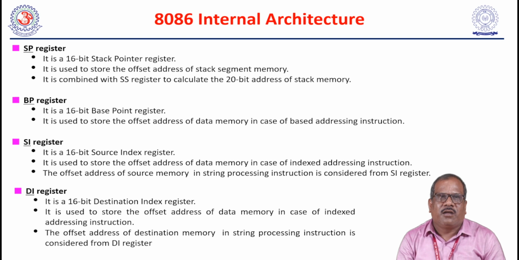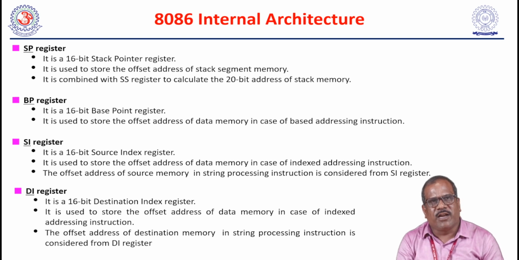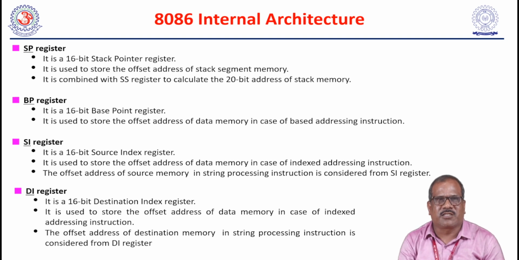Then there are two pointer registers in 8086, the stack pointer and the base pointer. Both pointer registers are 16-bit registers. The stack pointer is used to access the stack. In general, a microprocessor has two types of memory, data memory and program memory.